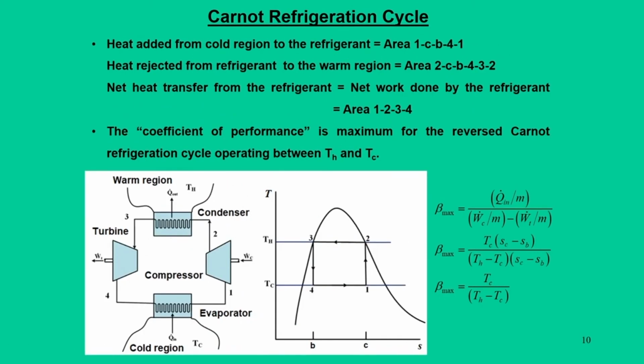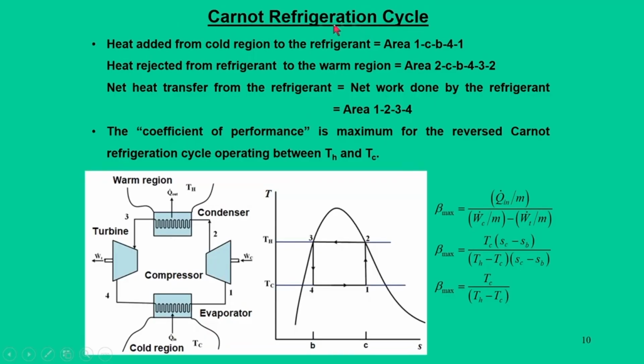From this we can build a little bit of mathematical background by looking at the area under the TS diagram for the cycle 1, 2, 3, 4. Our main intention is to find out, like the efficiency in a conventional Carnot cycle, the effectiveness of a Carnot refrigeration cycle, which we call the coefficient of performance, defined for a reversed Carnot cycle.